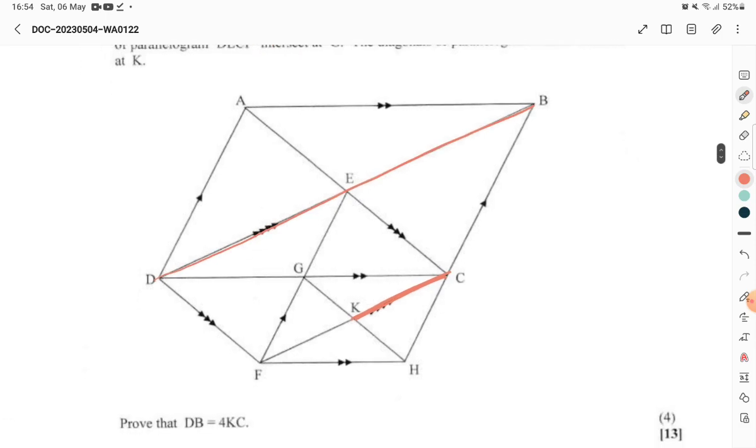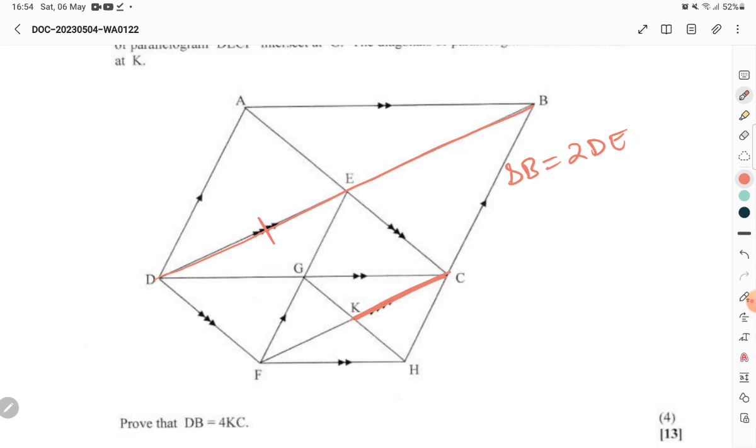Now, the idea is that DB is equal to 2DE, right? So if you repeat DE twice, you can find the whole length of DB, because DB is equal to this side times 2.